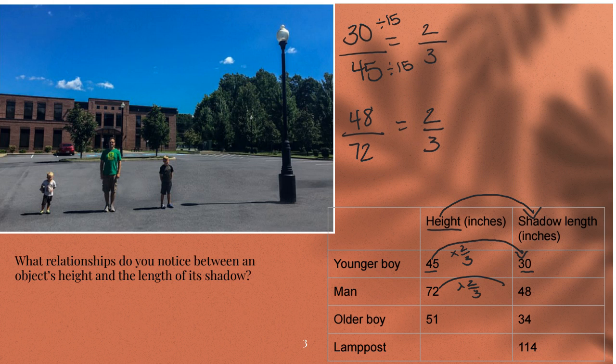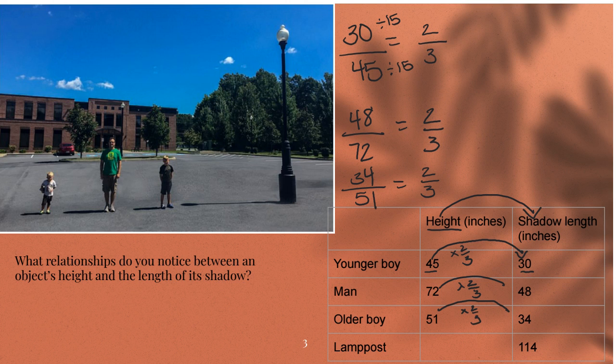And what about 34 over 51? Is that equal to 2/3? So 34 divided by 17 would give me 2, and 51 divided by 17 would give me 3. So that again, 51 times 2/3 would give me 34.